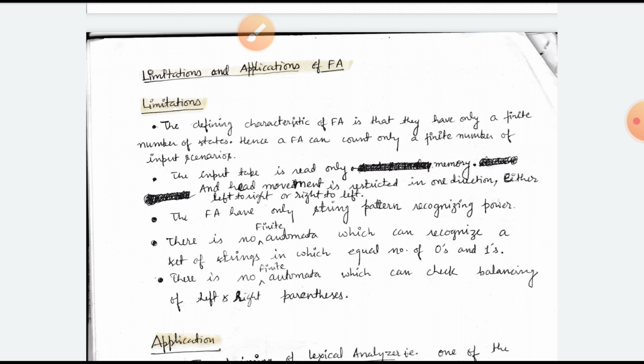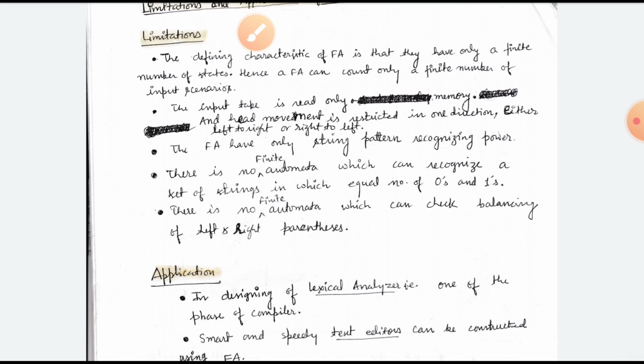It has only limited output like yes or no, meaning the string is accepted or not. So for acceptance we indicate yes, and for rejection we can give no, or we can say on and off, or 1 and 0, meaning we can represent it in binary form.